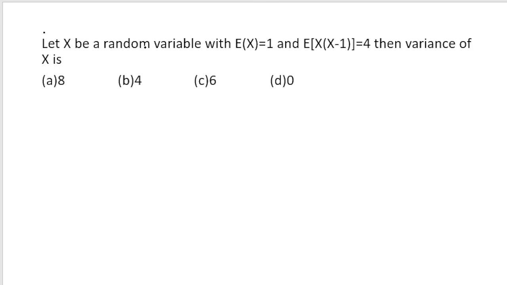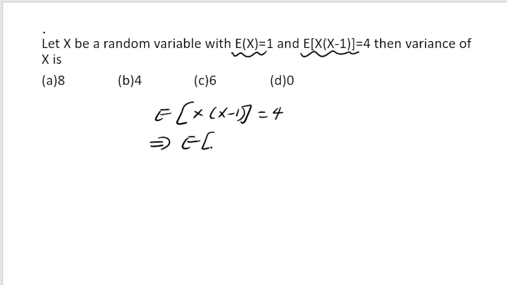Next, let x be a random variable such that expectation of x is equal to 1 and this is 4, then variance of this. So in the problem it is given that expectation of x into x minus 1 is equal to 4. So basically what is given? It is given that expectation of x square minus x is equal to 4. Using the properties of expectation, we can write expectation of x square minus expectation of x is equal to 4.